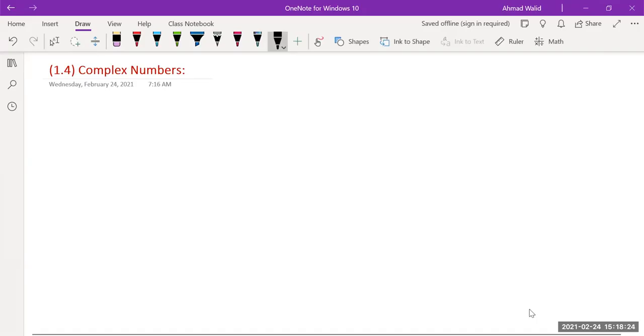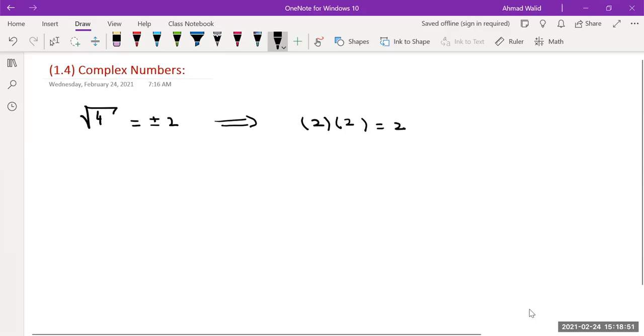If someone asks me, what is the square root of 4? Immediately you can answer the square root of 4 is plus or minus 2. The reason is that if you multiply positive 2 with positive 2, which means you square it, positive 2 squared gives you 4.